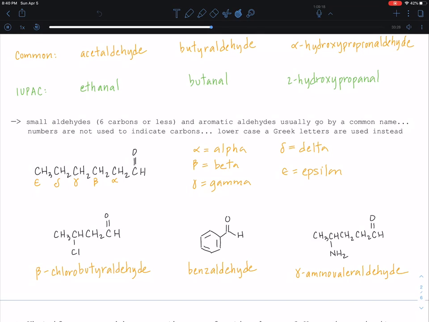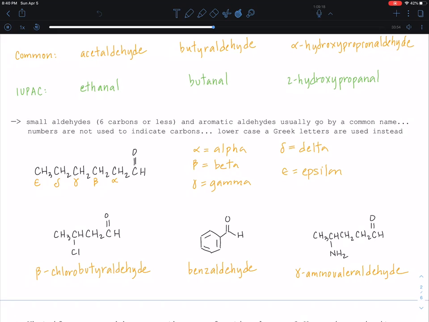If this was IUPAC nomenclature, we'd count 1, 2, 3, 4, 5 carbons, and it's on the 4th carbon. So it would have been 4-amino pentanal. But with common nomenclature, this is gamma amino valeraldehyde.